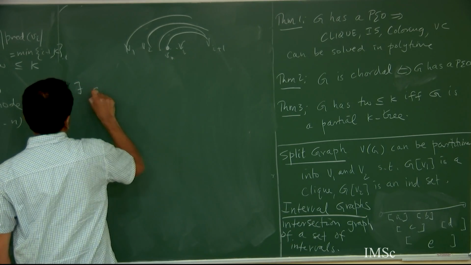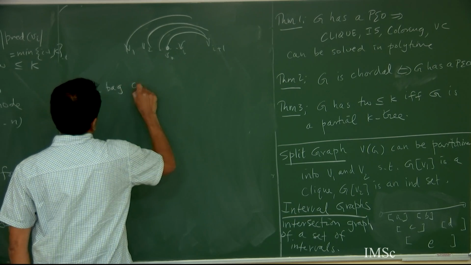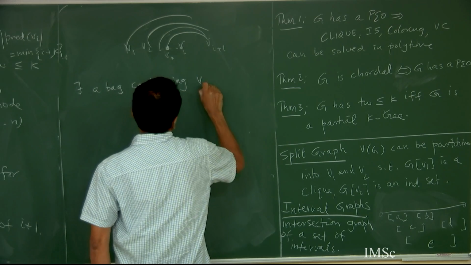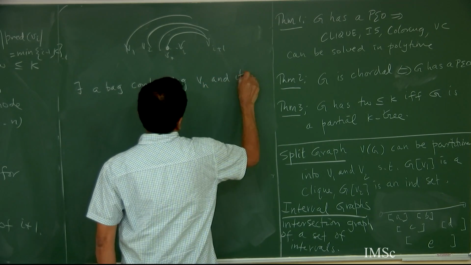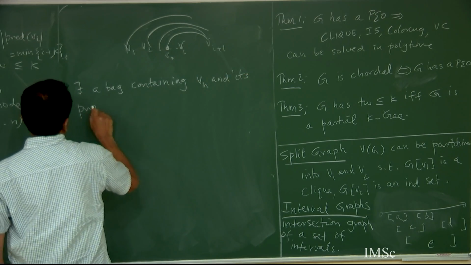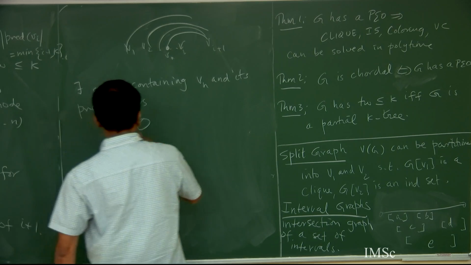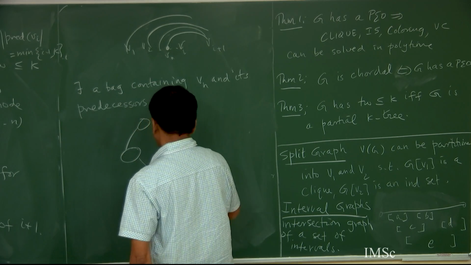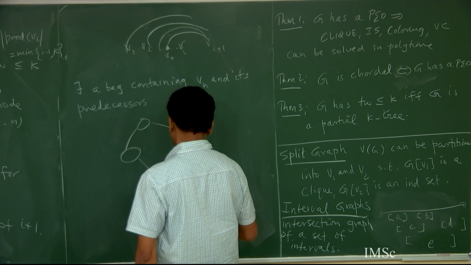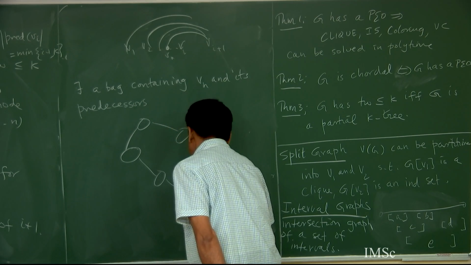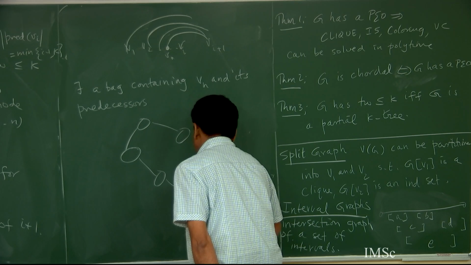So, there exists a bag containing Vh and its predecessors. So, I have this tree decomposition, maybe it is actually, for all you care, a path tree decomposition, where here is a bag that contains Vh and all its predecessors.